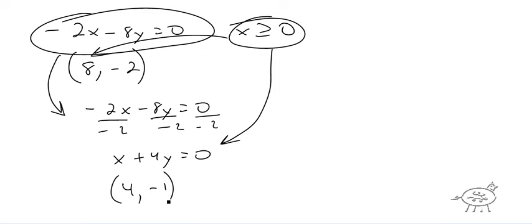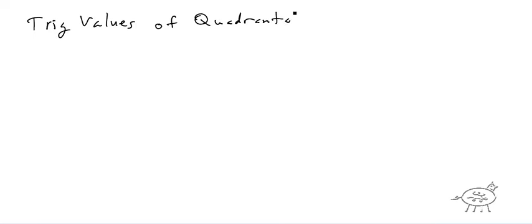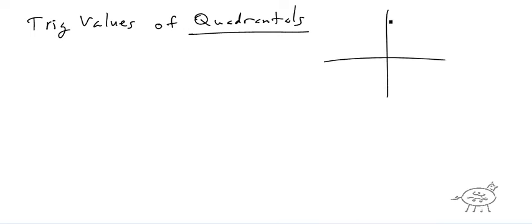Let's talk about the trig values of quadrantals. And you're like, what are quadrantals? Well, think of what the word is. It's quad, right? 4. So quadrantals are at 0 degrees, 90 degrees, 180 degrees, and 270 degrees.